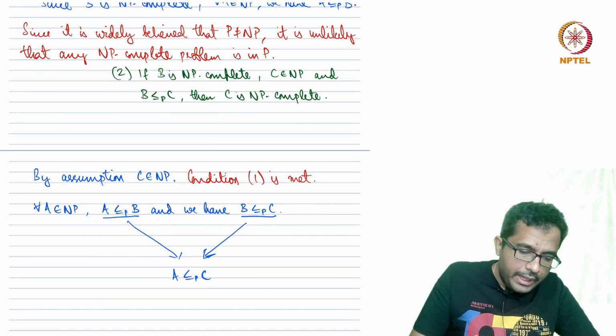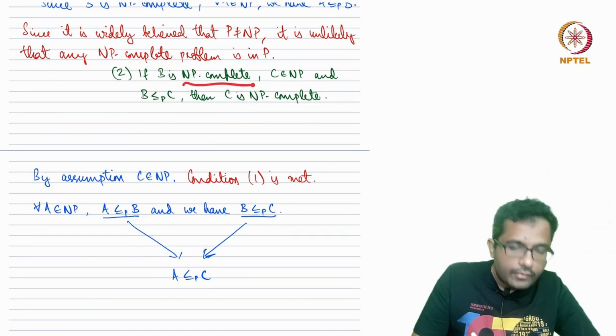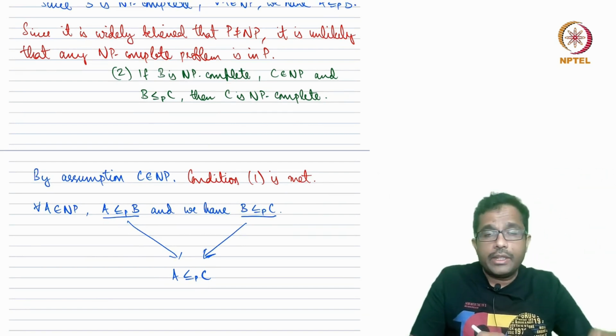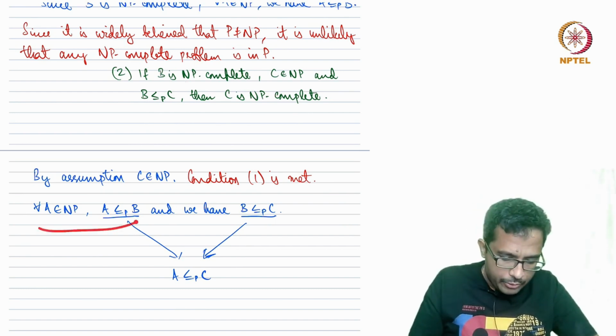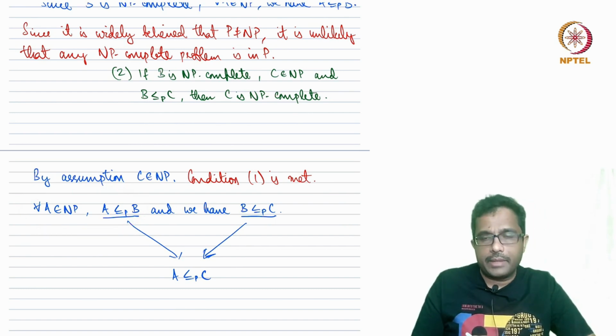By assumption again, B is NP complete, so we know that for all A in NP, A reduces to B. This comes from B being NP complete.